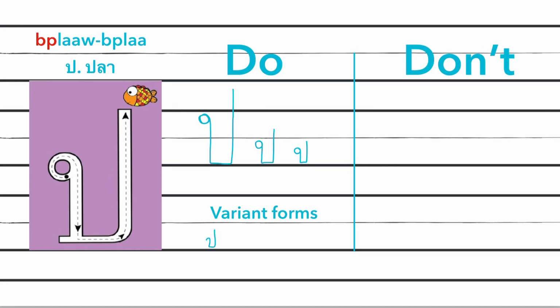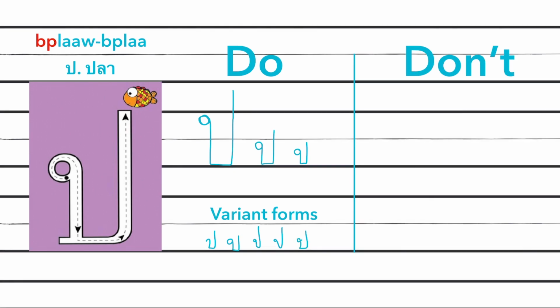Variant forms of ปอปลา. As always, start with the circle and write with only one stroke.